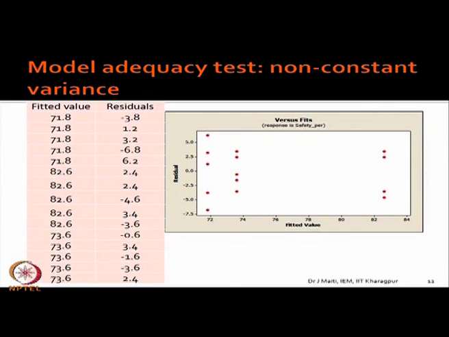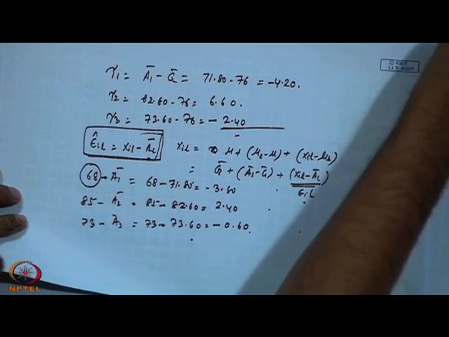Third one, what you have to test, is non-constant variance. We said that the variance is equal across the population. So, here what you require to do is find out the fitted values and residuals. Now, what will be the fitted value here?